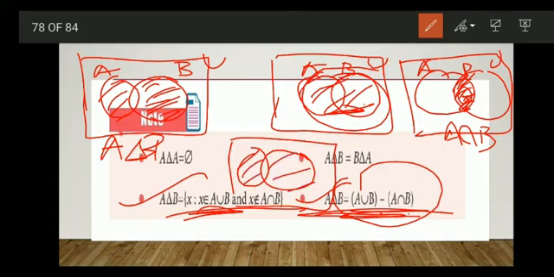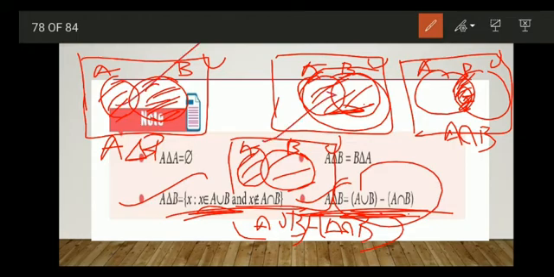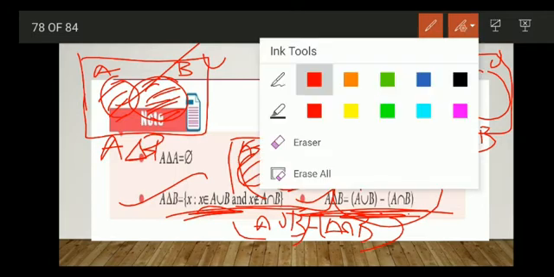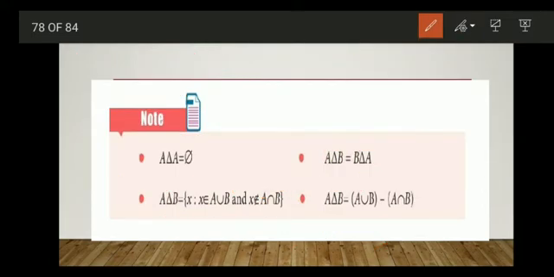Okay, so this is A union B difference A intersection B. And you can observe that this and this are the same, because we have included all the elements of A and B other than the common elements, right? So A symmetric difference B is equal to A union B, difference A intersection B.